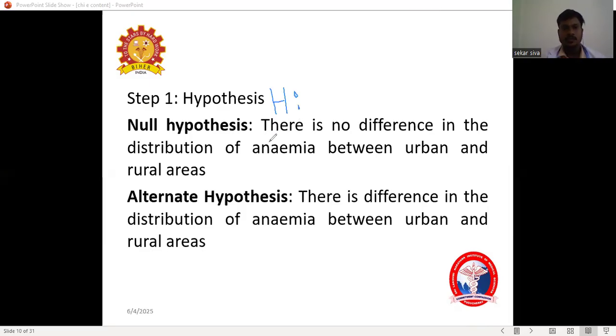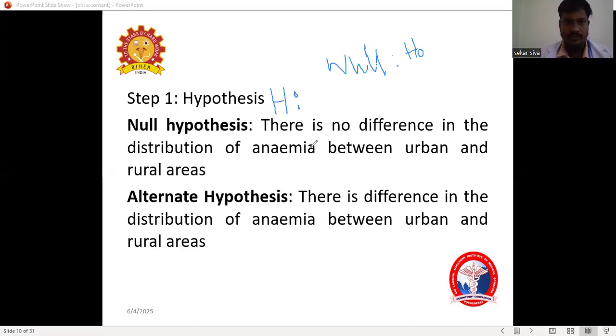Here the null hypothesis is denoted as H0, which means there is nothing. There is no difference in the distribution of anemic between urban and rural area.